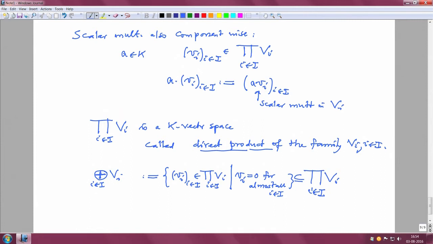Now what do you need to check? Actually it is the same addition and same scalar multiplication, namely the component-wise ones, that also make this a vector space.